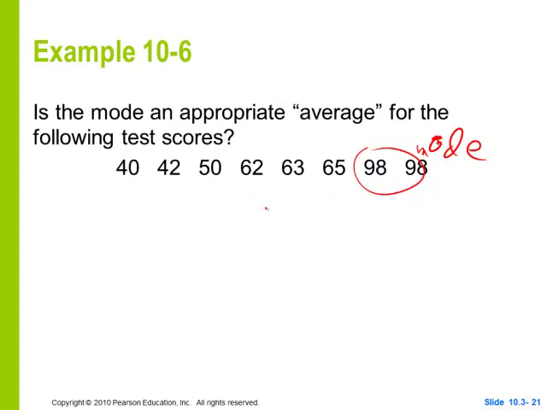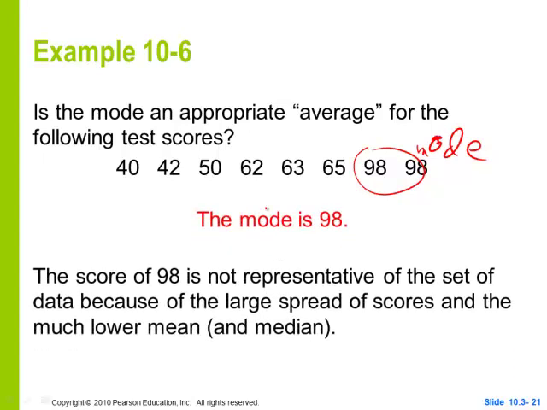But don't try to use that for center or average, because it doesn't represent the data set. It's not the best representation when there's a large spread like this. So the mode is affected by spread. The mean is affected by the outliers, extreme values. And the median is kind of affected by spread too.